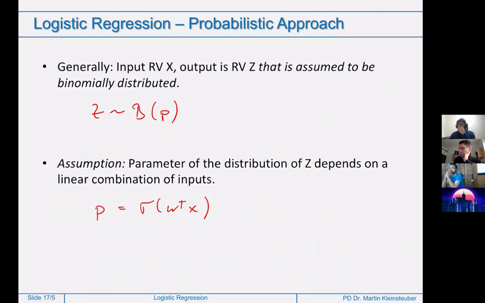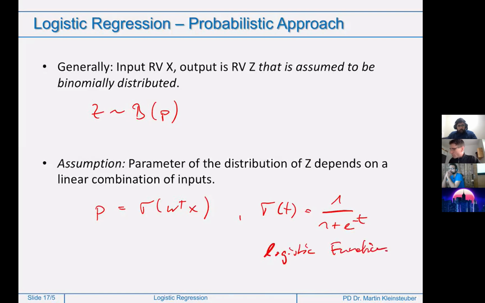Good, so that's the assumption. The parameter of the distribution of Z depends on the linear combination of the inputs. Sigma here is 1 over 1 plus e to the minus t, the logistic function. Okay, so far, so good.